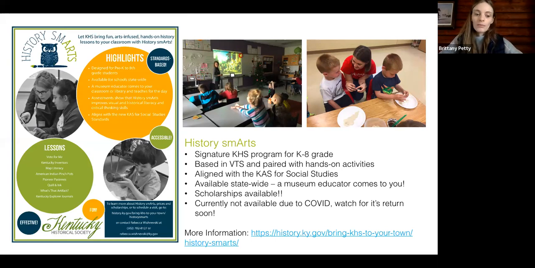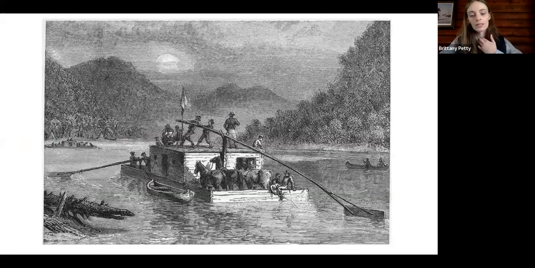So whatever program we do, we typically start with analyzing an image first. I'm going to give you some examples of images that I thought of, both from our collection and from art history, just to give you some ideas. And then I think we're going to break out and have you all try moderating and doing your own VTS.